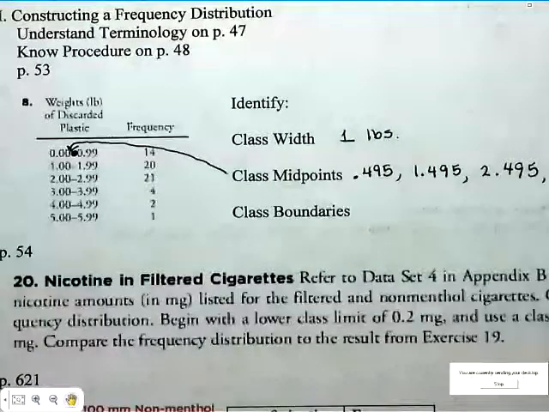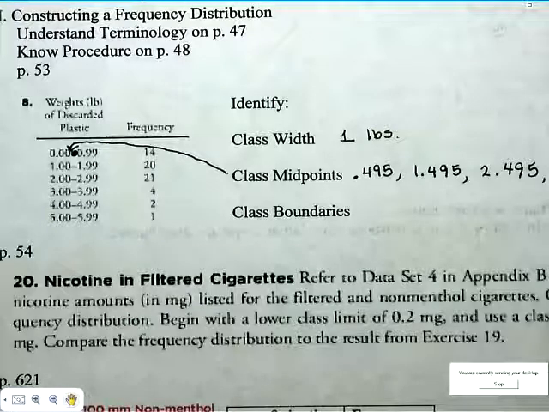And then the class boundaries are the fence posts between the classes. How can I find what's exactly halfway between 0.99 and 1? Add and divide by 2. That's how you find the average of any two numbers. 0.99 plus 1 is 1.99.